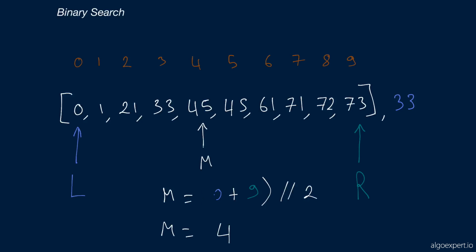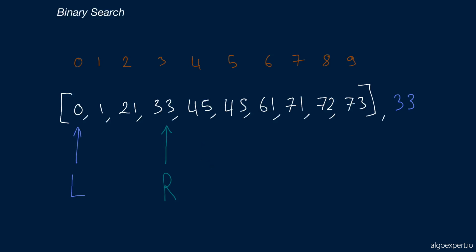Let's erase our calculation of the middle pointer. We have the middle pointer pointing to index 4. We're going to grab the right pointer and move it to the index 1 to the left of the middle pointer. Now we can erase the middle pointer, and we can basically say that we have crossed out this entire right half of the array. We're never going to explore it again.